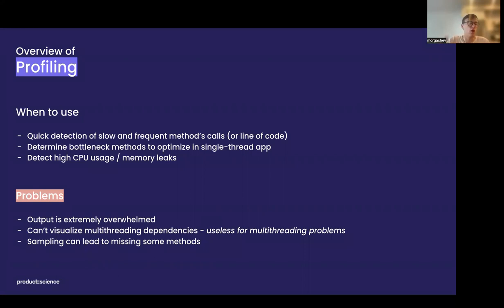So you should make the algorithm better in such a call, or try not to execute something like that. Also, it's really easy to detect high CPU usage and memory leaks, because you just have this data measured. But what are the problems here?